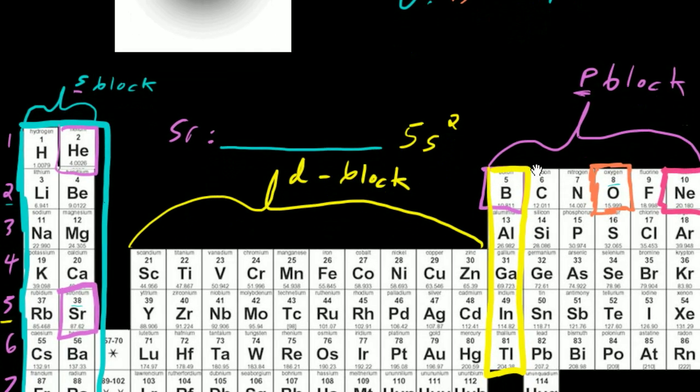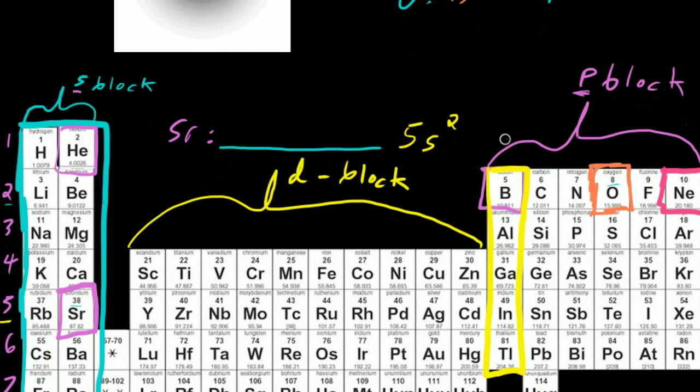All of the elements in this column have a last entry that is going to be whatever period they are in. Let me erase a little so I can do this more cleanly.